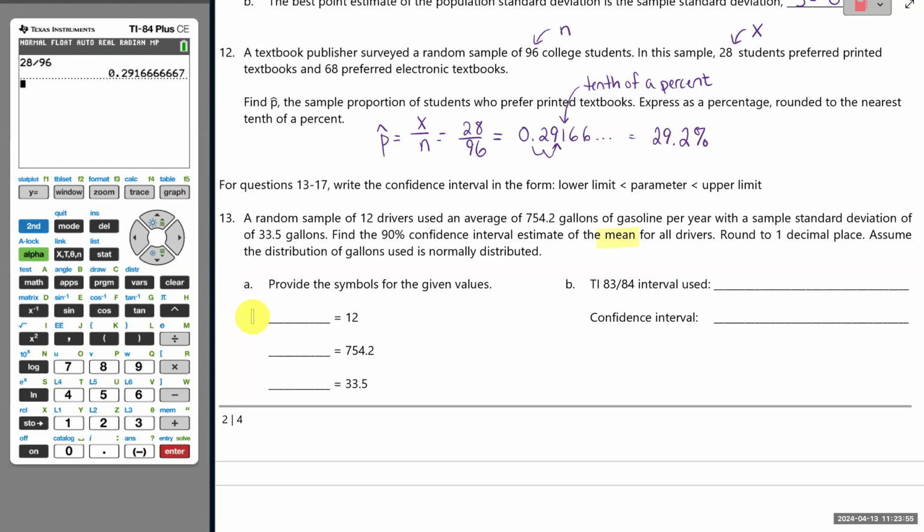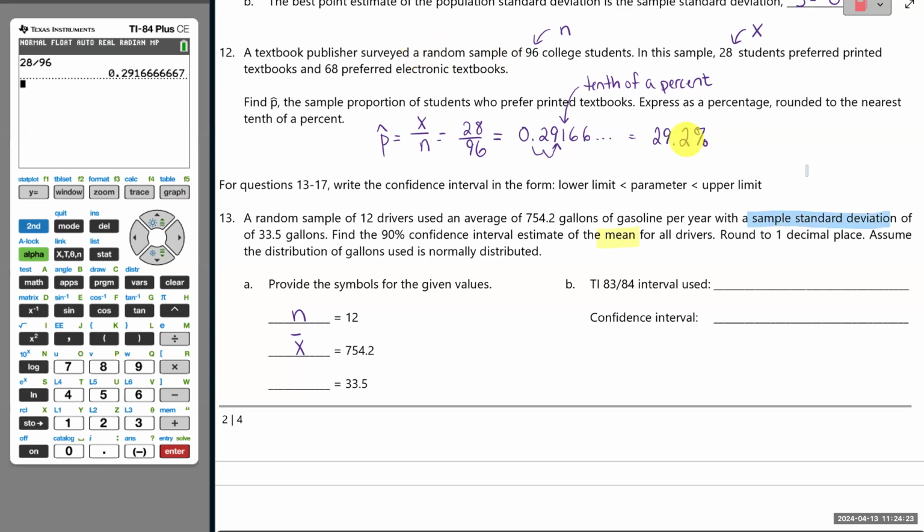All right, so the symbols here, so it was a random sample of 12 drivers. So there's our sample size, lowercase n. And then the average, the mean for those 12 drivers, 754.2. So that's X bar, the sample mean. And then we always have to be careful with standard deviation to make sure we get the symbol here correct.